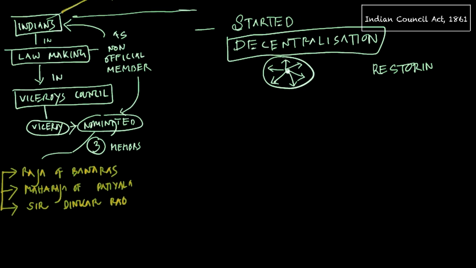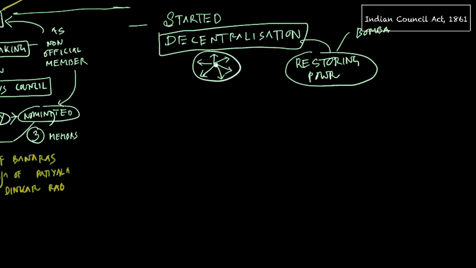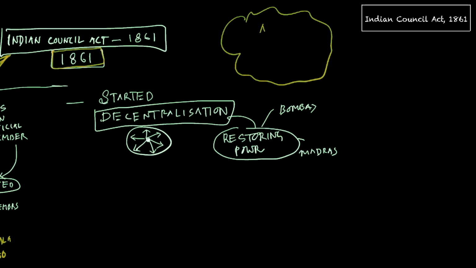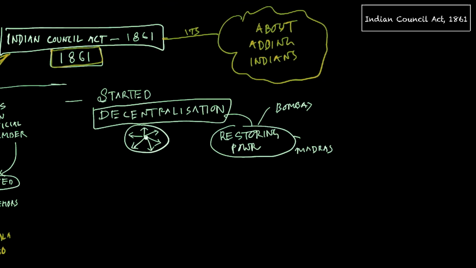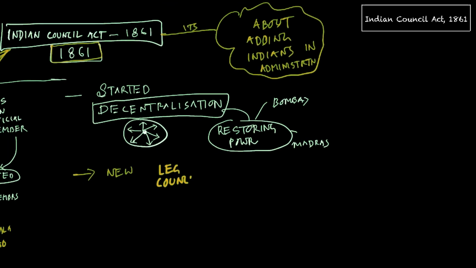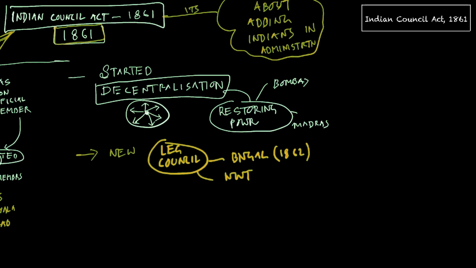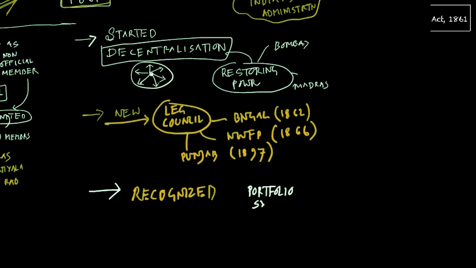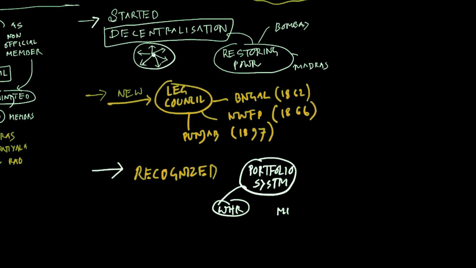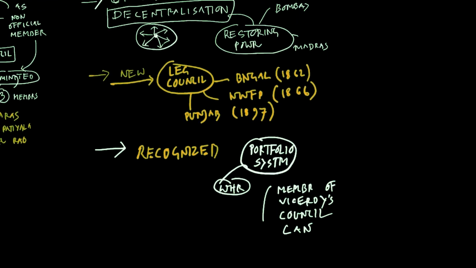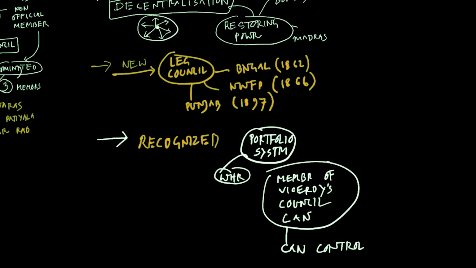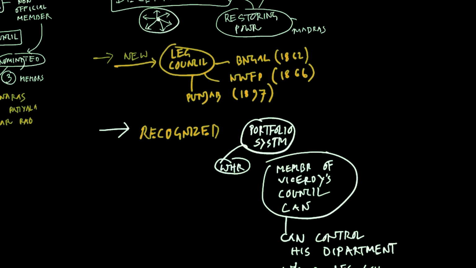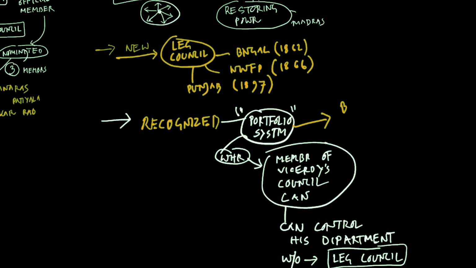The next feature of this act is that it initiated a process of decentralization by restoring the legislative powers to Bombay and Madras presidencies. It provided for the establishment of new legislative councils for Bengal, North-Western Frontier Province, and Punjab. Also, it empowered the Viceroy to make rules and orders for the convenient transaction of business in the council.